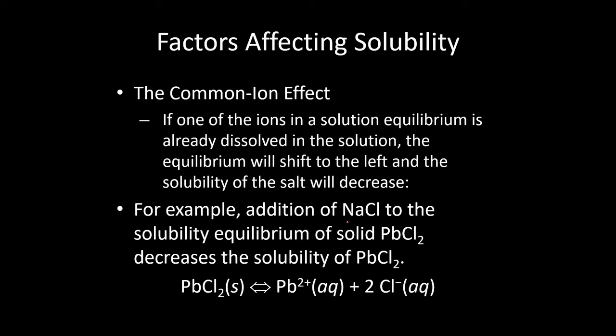So for example, again, sodium chloride, if we add a bunch of that to a solution that already has lead chloride in it, the lead chloride is really not soluble. Based on Chem 1 rules anyway, it is insoluble, but you can get a little bit of it to dissolve. But if you put some sodium chloride in there, that little bit becomes practically nothing.